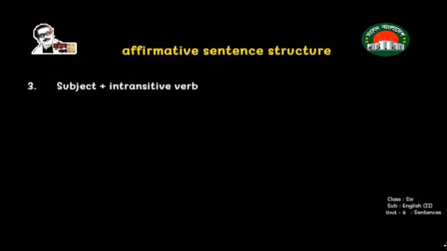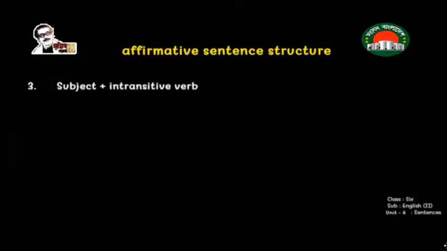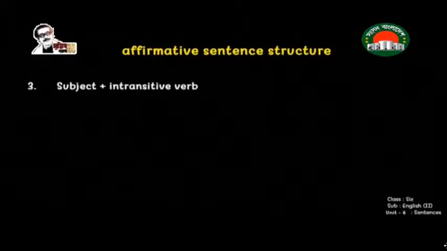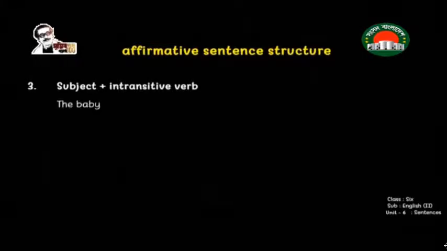So we remember after an intransitive verb we never use an object. So what can it be? Okay, we can say the baby as a subject and was crying as an intransitive verb. So no object is needed according to the structure.